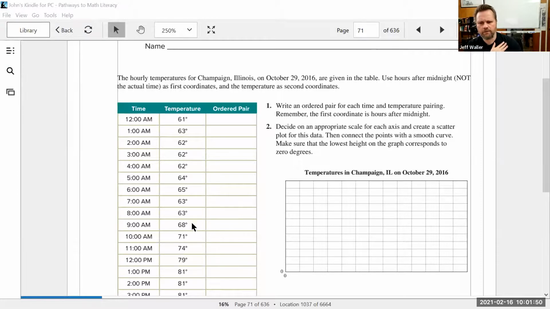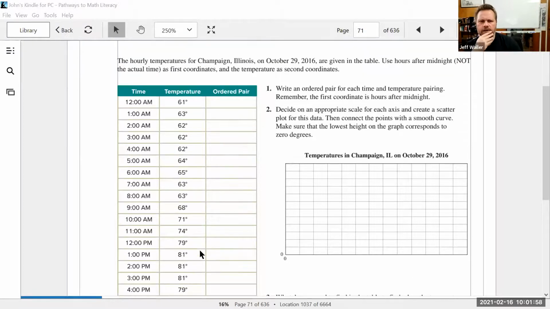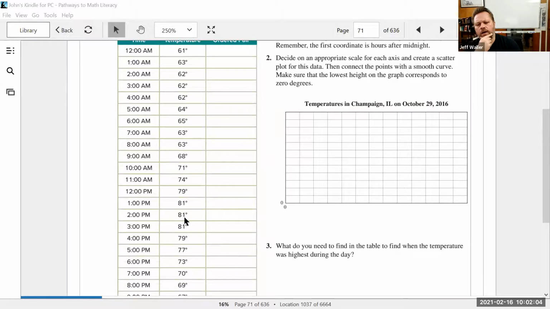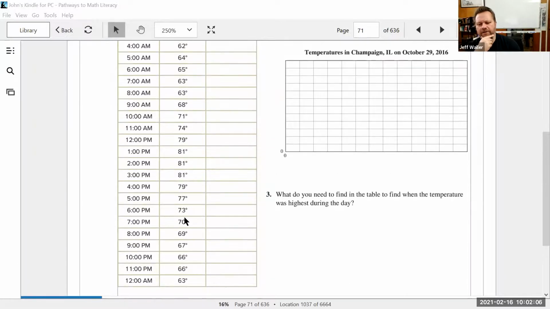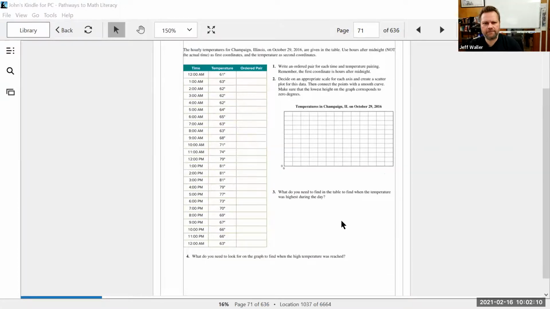I'll just take a snapshot because I'm on my phone. Are you using Kindle?